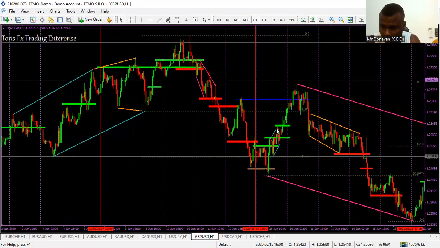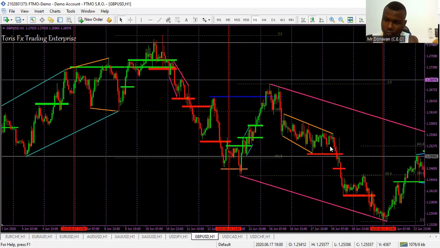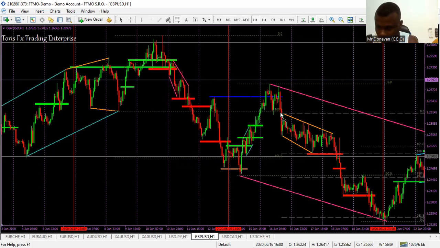Price crawls up to break the previous impulsive, indicating that there's a start of a pattern. Start to fall, you sell this, you get it down there. Take profit point 161 to 61 in between.